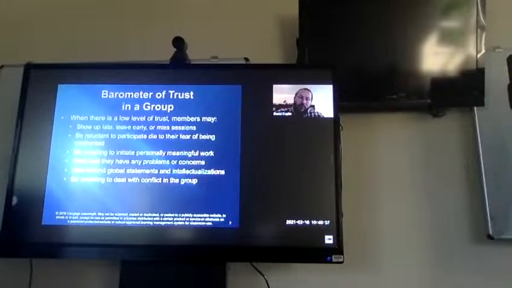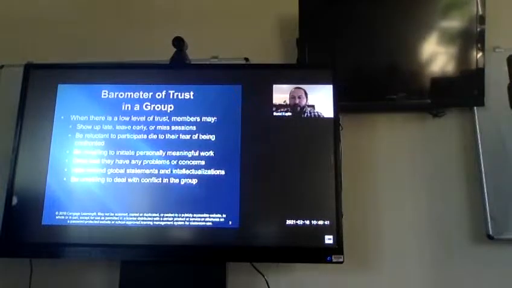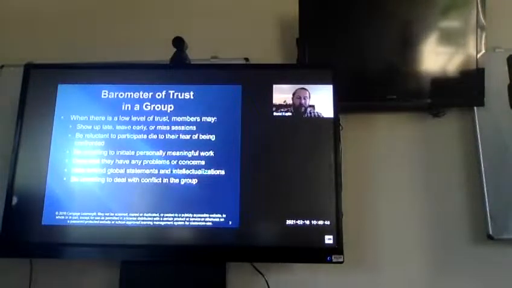Now, if you don't, again, every group is going to have conflict. Conflict is supposed to be part of the group process. With conflict comes intimacy. You're going to grow. But if a person is unwilling to deal with conflict in a group, that also could be an indicator that there's a lack of trust in the group.